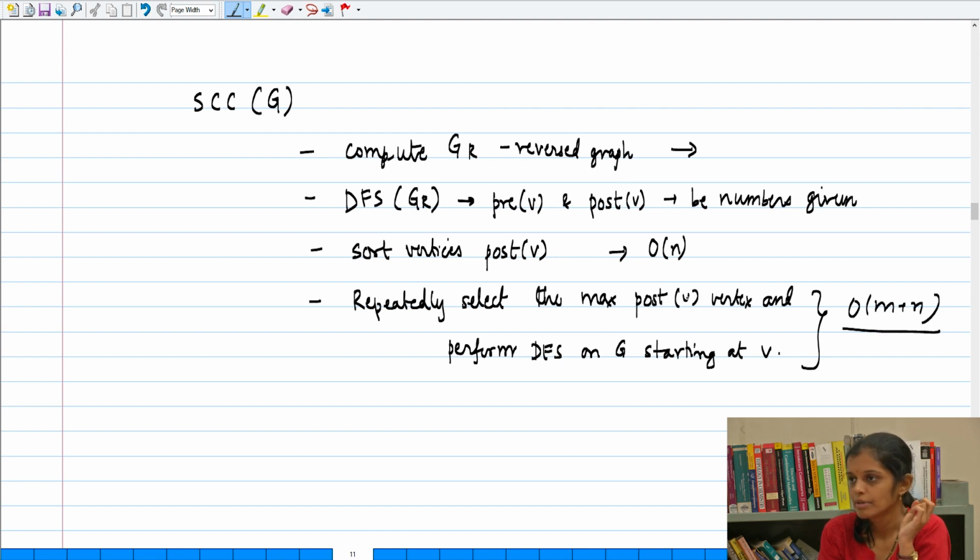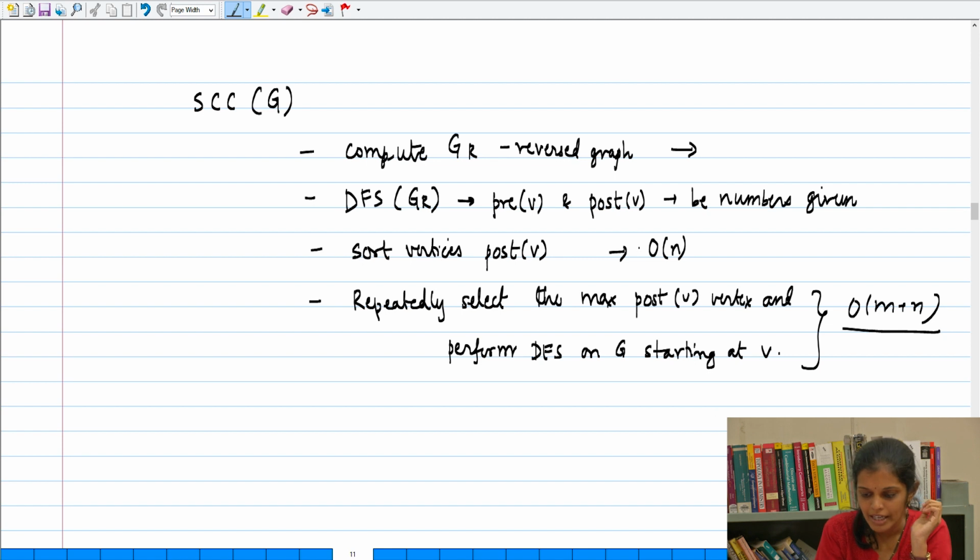It's not going to be some k times m plus n, because you can think of this DFS itself being split into several parts, where it does a DFS of a smaller component followed by a DFS of another smaller component. Again, every edge gets visited at most twice in the whole procedure, and therefore this loop is going to run in order m plus n time.